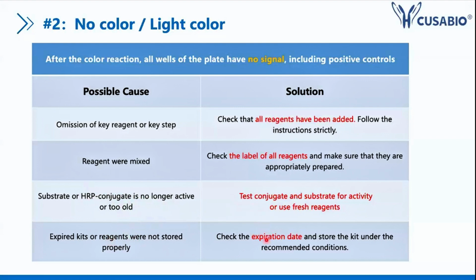For this, you can check the expiration date, and after you get the kit, make sure it is stored in optimal condition to keep it safe. Another tip is that you can also test the conjugate and the substrate for activity, or just use fresh reagents if you are worried about this situation.